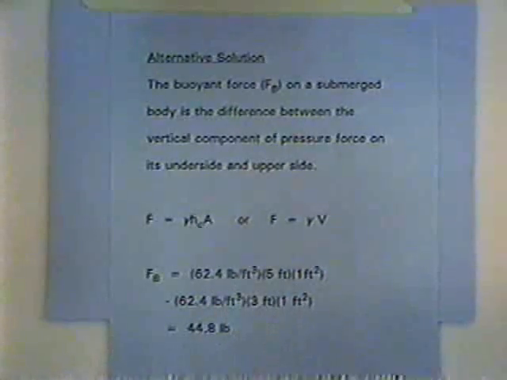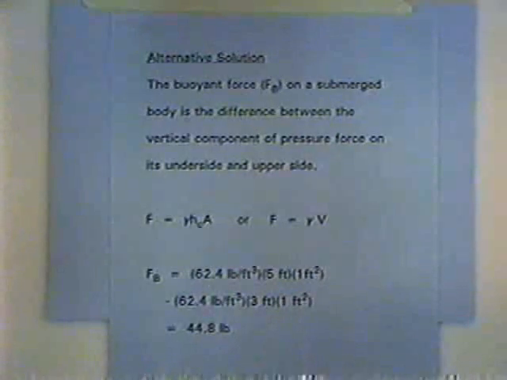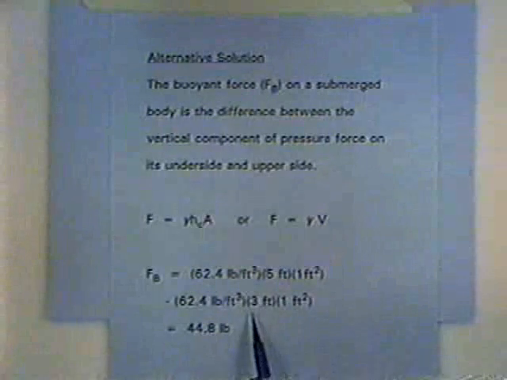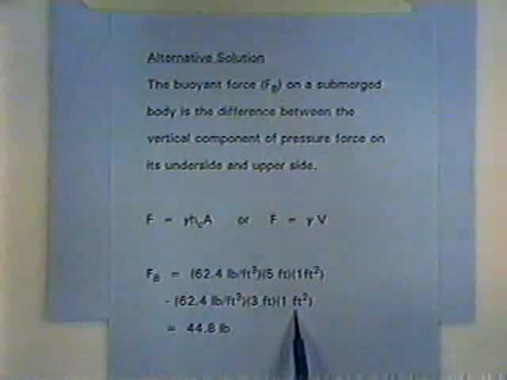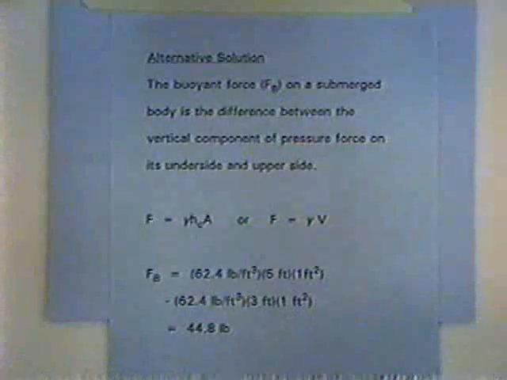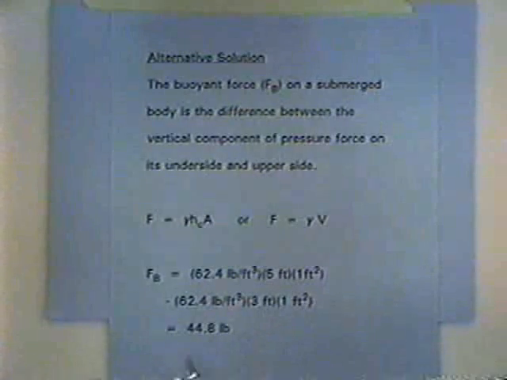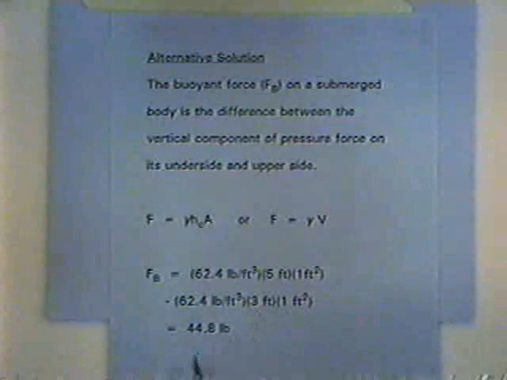That force is lifting the block, sending it upward toward the water surface. But then there's a pressure force on the top of the block as well: 1 square foot, the area of the top of the block, 3 feet, the vertical distance from the water surface to the top of the block, and the unit weight of water continues to be 62.4 pounds per cubic foot, to give us the very same 44.8 pounds as we got in the previous solution.